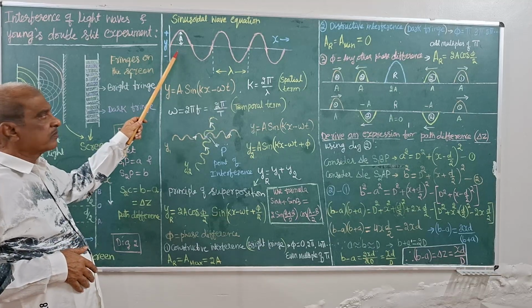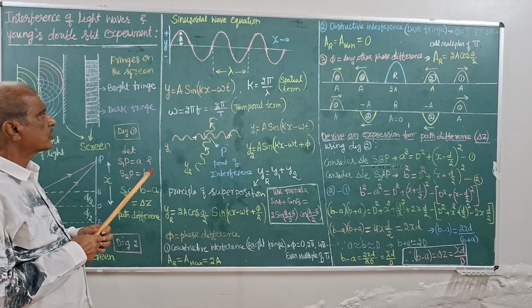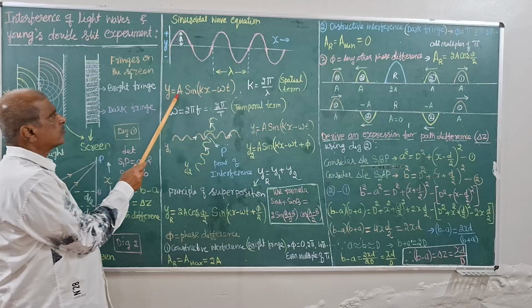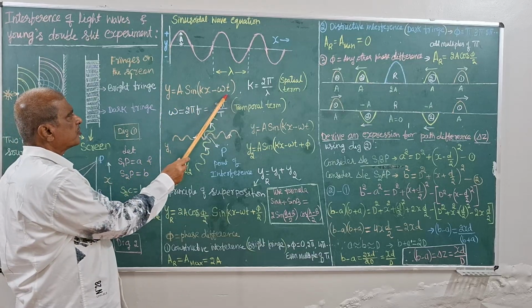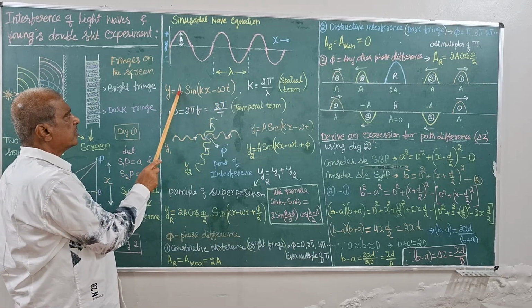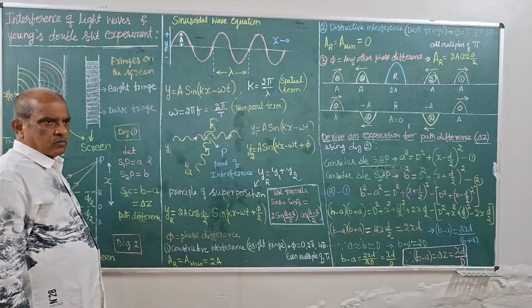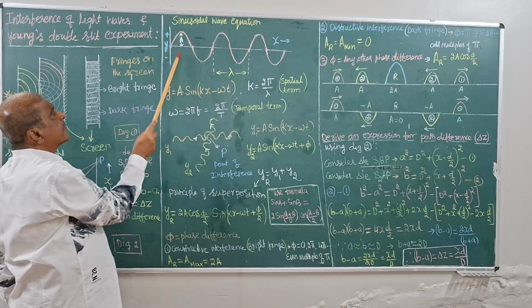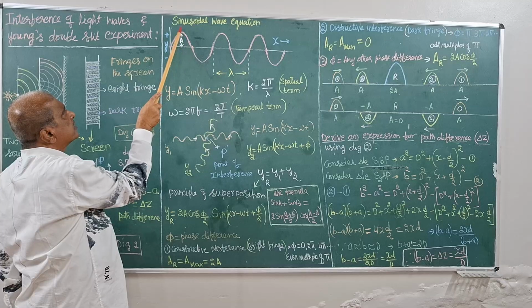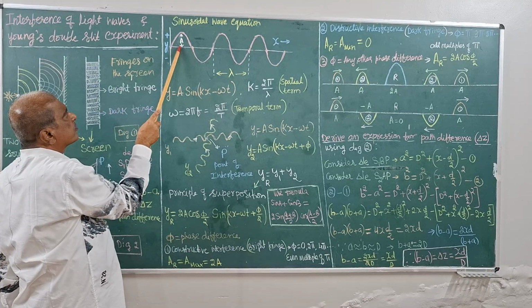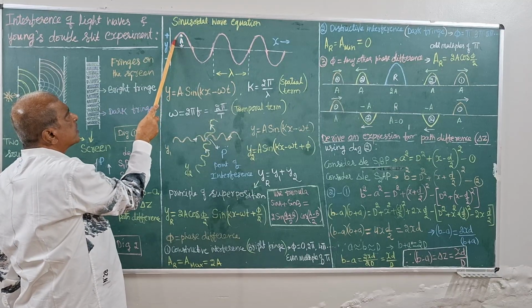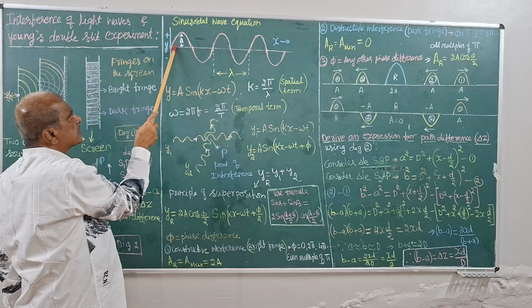Of course, this wave carries energy generated by the particles in the space. It is defined by this sinusoidal equation: A into sine of this function. The A represents the maximum amplitude, that is the distance between this point and this point. And the distance between this point and this point is also amplitude, but less than this.